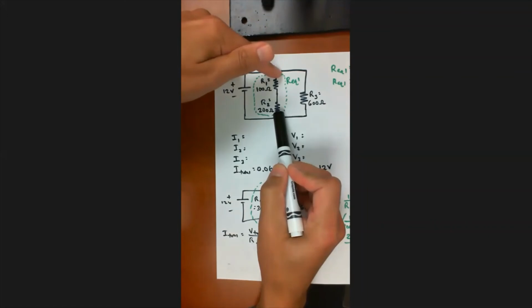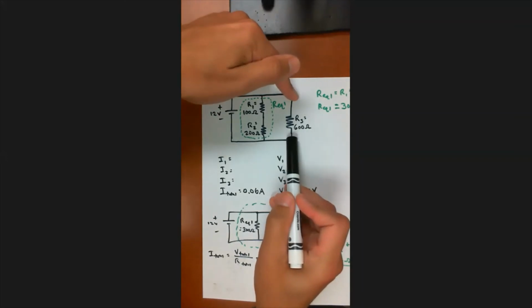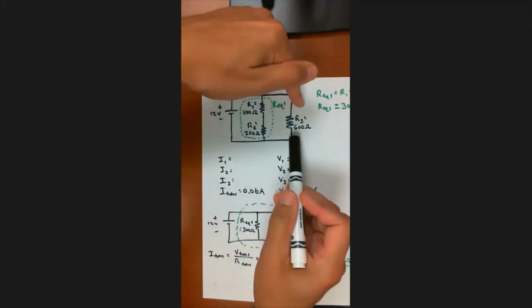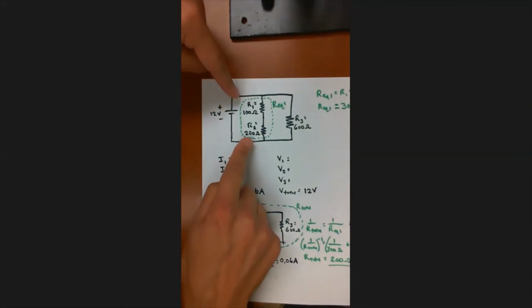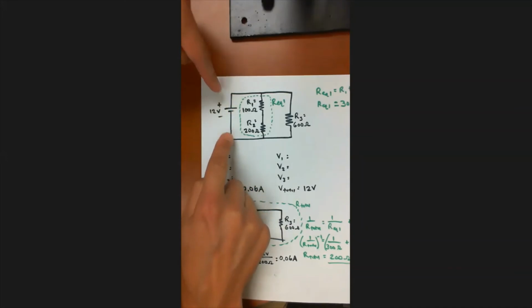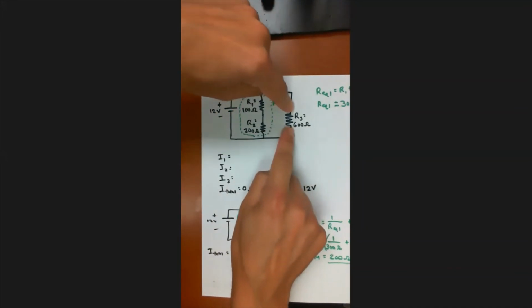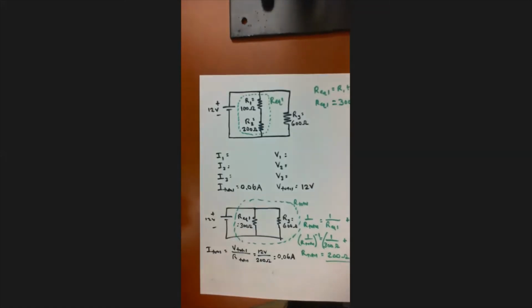That doesn't really get me anything directly, but this does. I know the voltage drop across R3. In other words, I know V3. Since it's in parallel, this is like the thing with the multimeter probes, and I can say that if it's 12 volts here, then it's 12 volts here, because I don't drop any voltage along the wires. So I know what V3 is. It's just 12 volts.